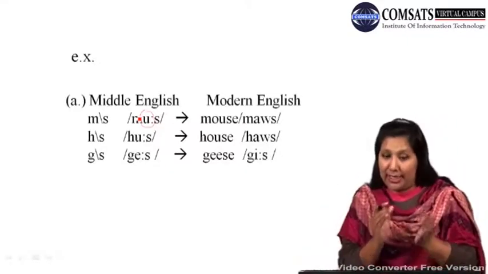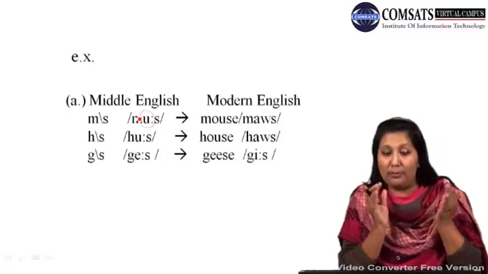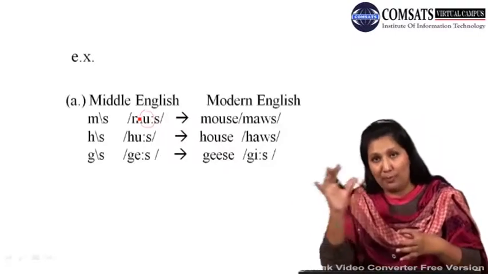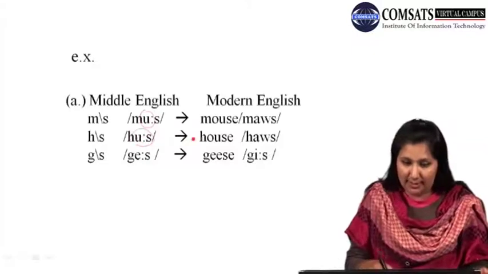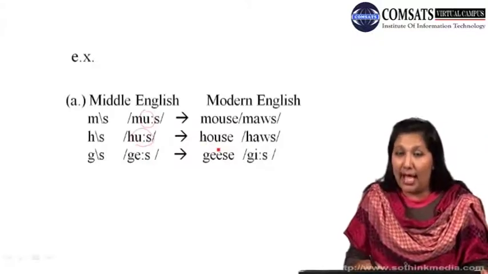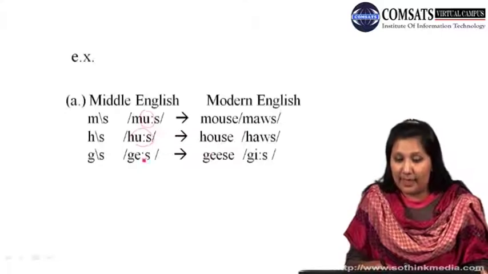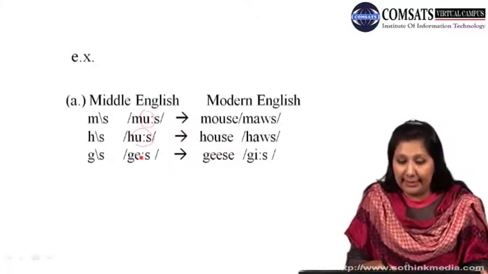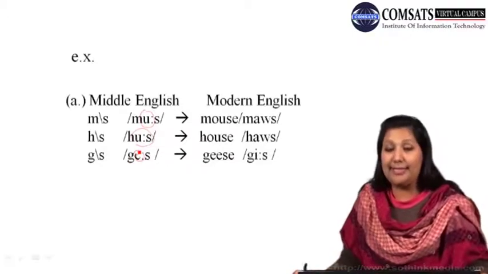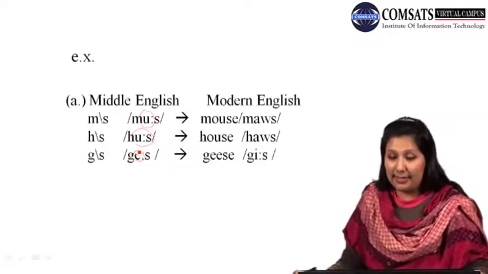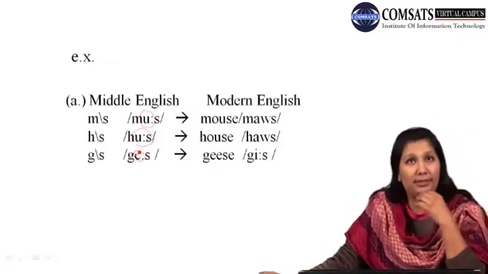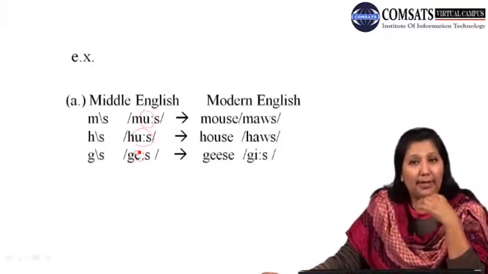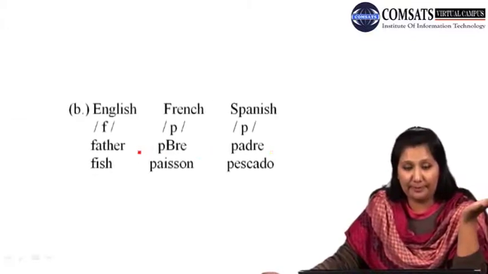From Middle English, it had changed from moose to mouse. This was whose, and now it's house. It was geese, and it is geese these days. These are the different examples of the sound change that have come into the English language.